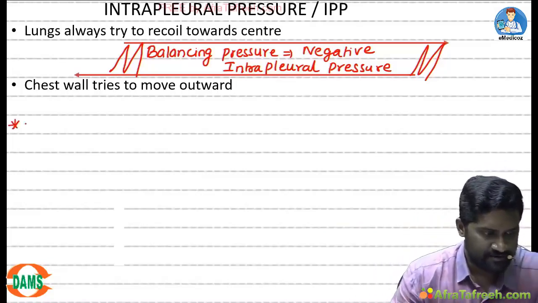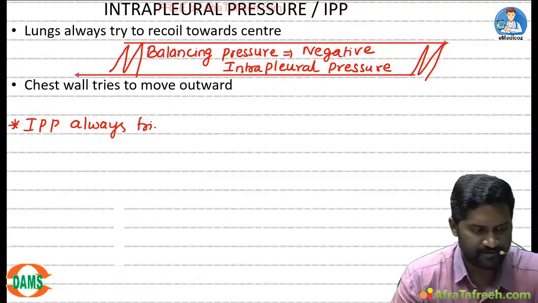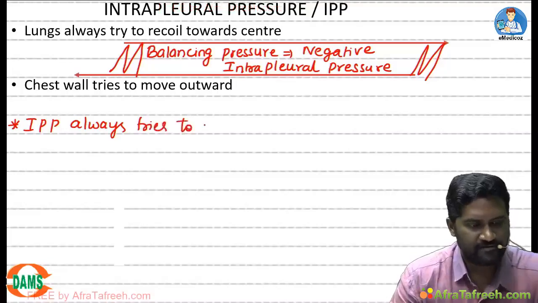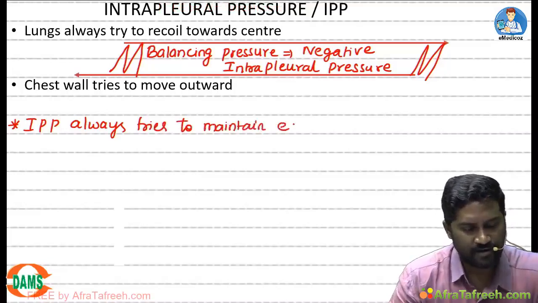And this intrapleural pressure has a most important function. Its prime function is to always try to maintain equilibrium lung volume.